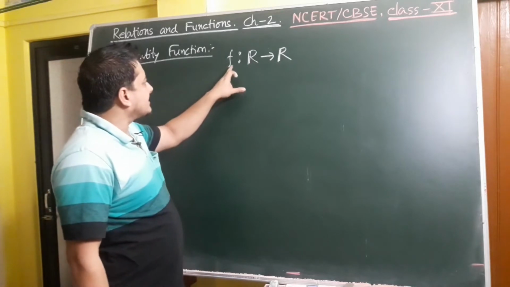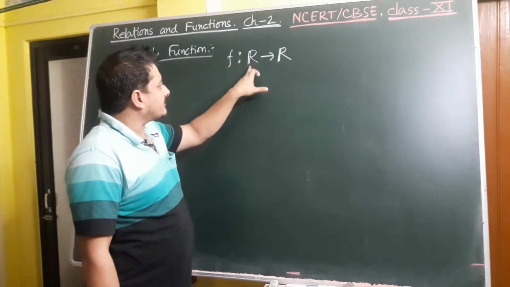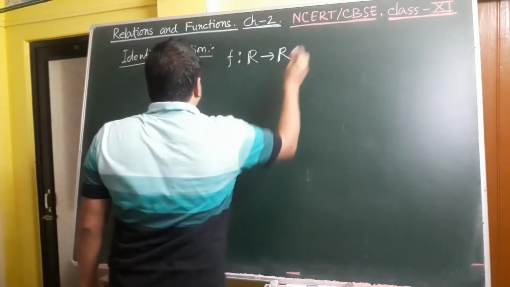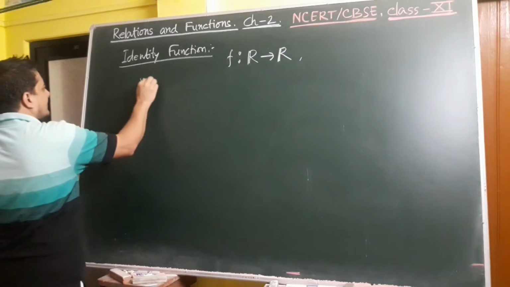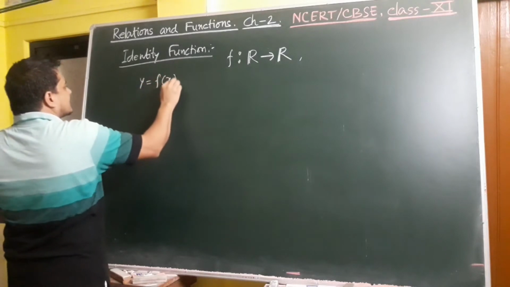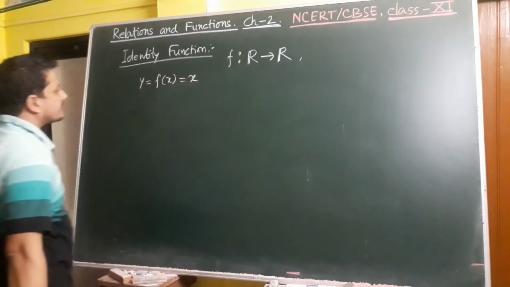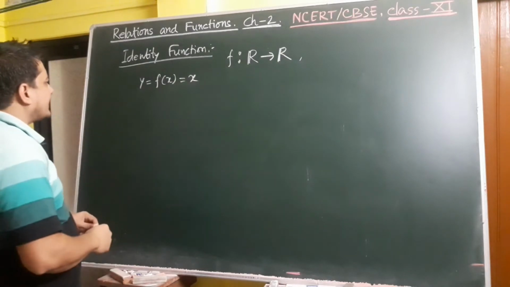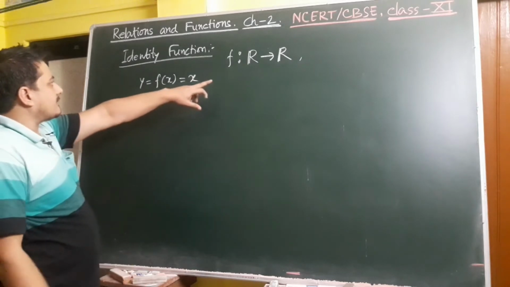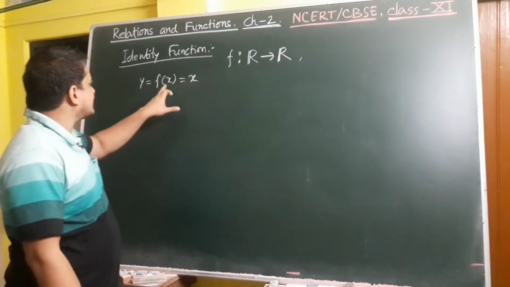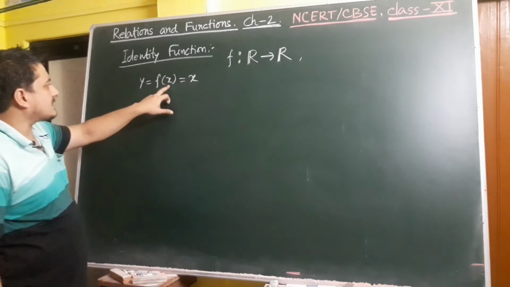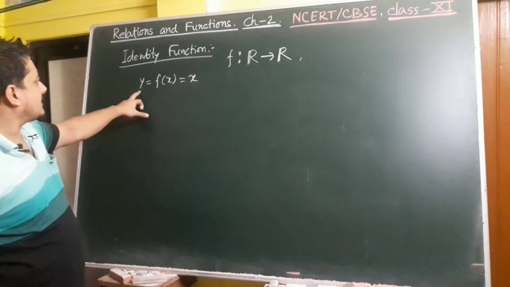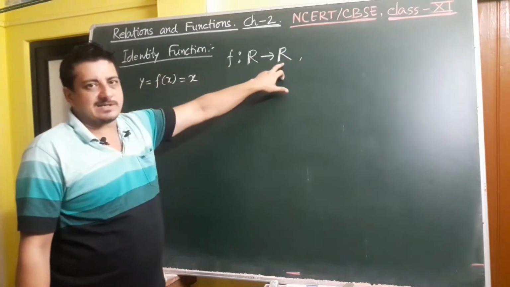So any function from this domain to this range, which is written in the form y is equal to f of x is equal to x, where x is a real number. The set of all x is nothing but this R, and the set of all y will be in this R.